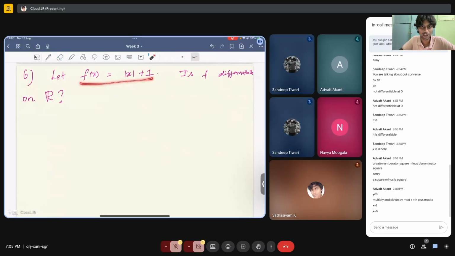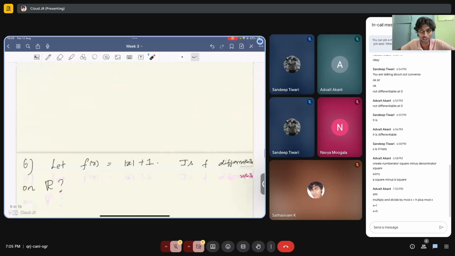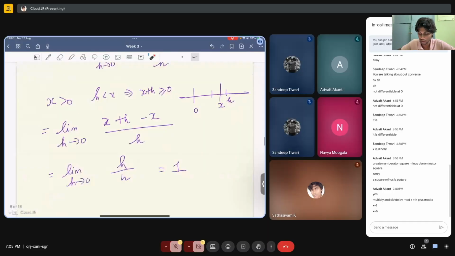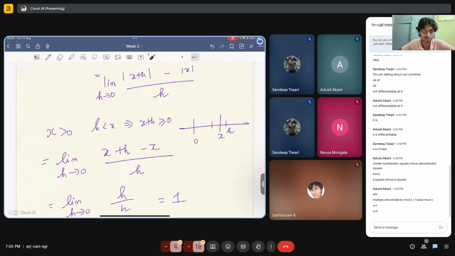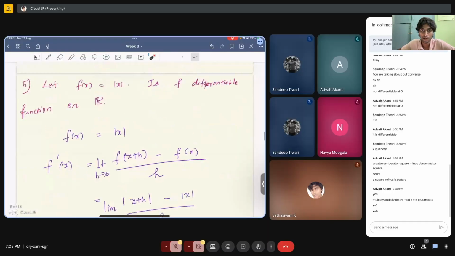The difference is that instead of mod x, I'm putting mod x plus 1. Now I'm asking the same question. One thing you can do is the same argument we did earlier, and you can prove it. But you don't have to do all of this.